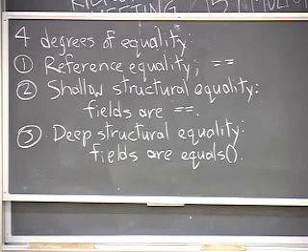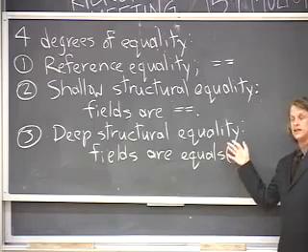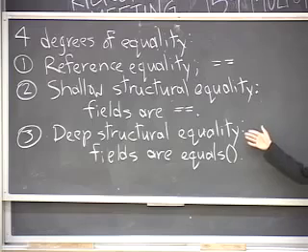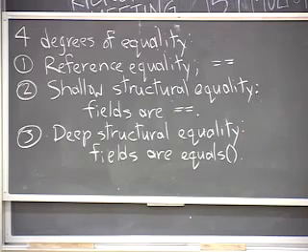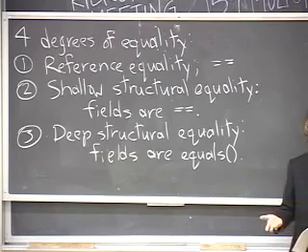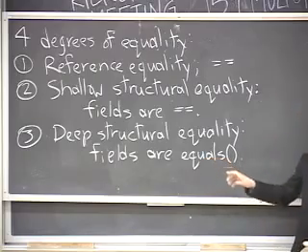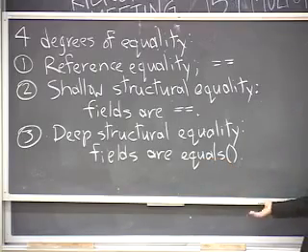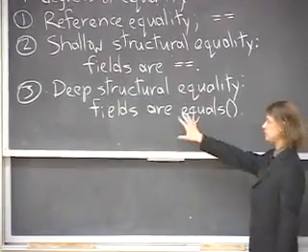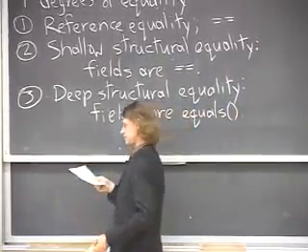What that means depends on what kinds of references are stored in those objects. But in the case of a list, checking whether two lists have deep structural equality will typically mean going through the whole list, and even though they have different list nodes, checking whether their items are equal. I'll give an example of code that checks that shortly.